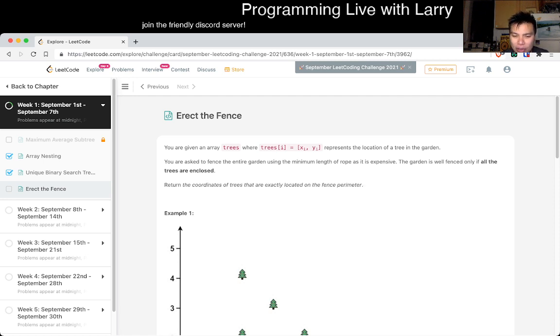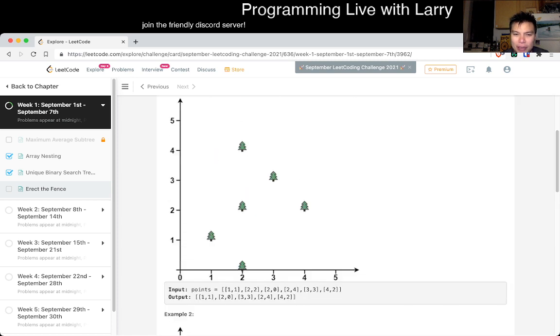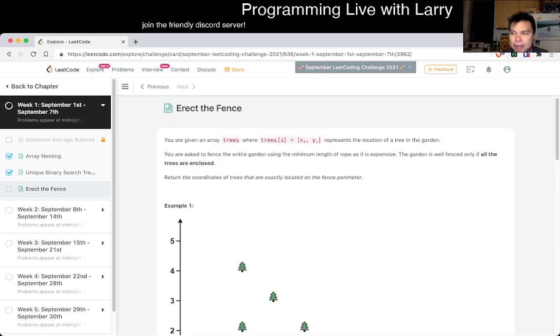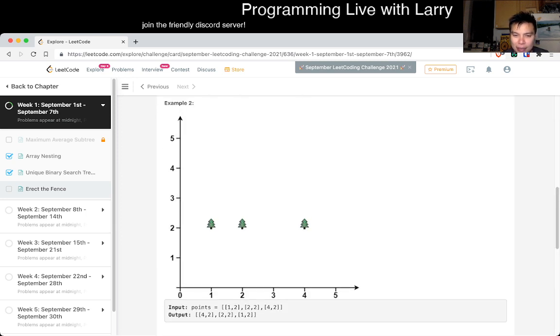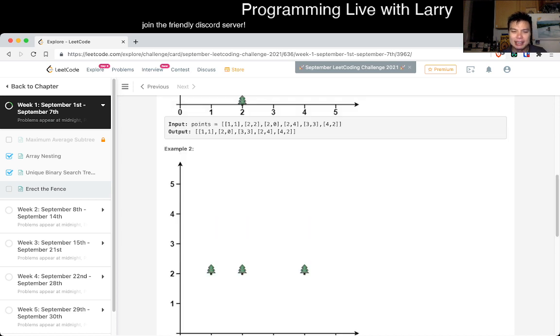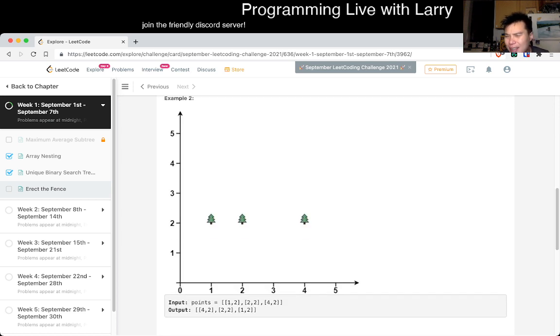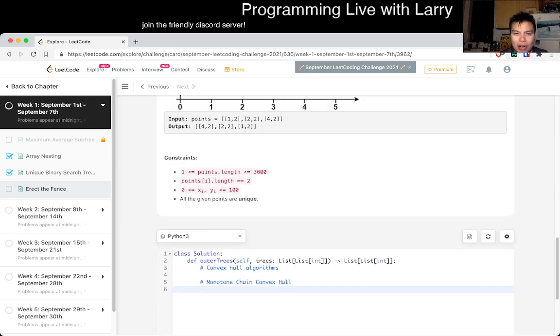This one you also have to be careful with, because on the perimeter, three points could be collinear. In that case, sometimes you return them and sometimes you don't, depending on the problem. So that's something that I'm thinking of as well. Okay.